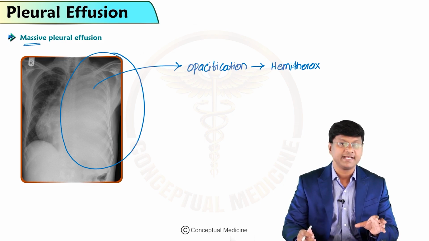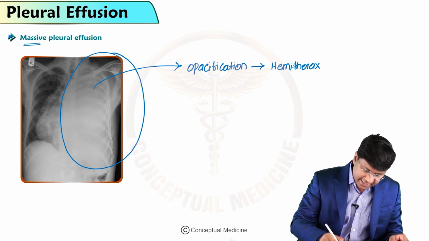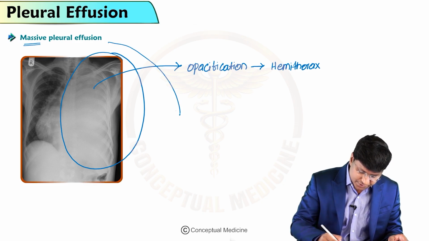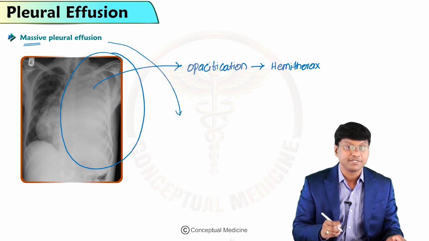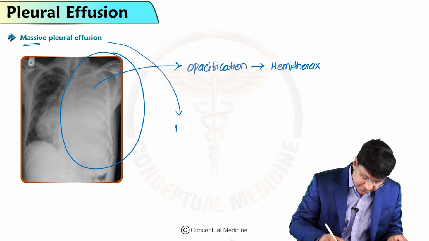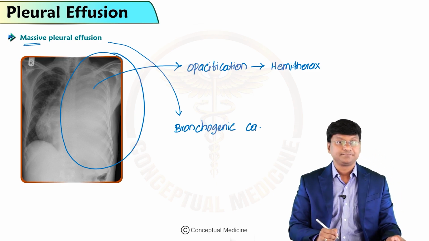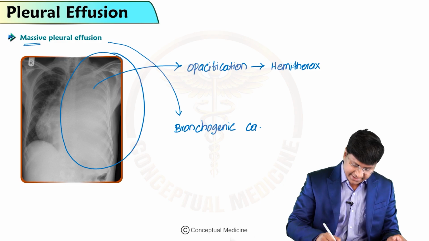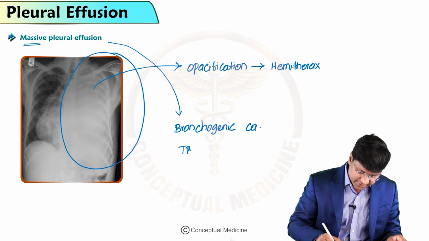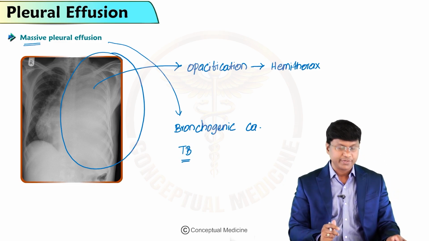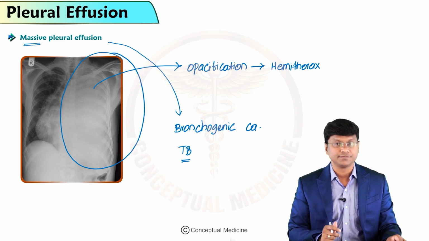Then we use the word massive pleural effusion. And where do you have this? You can have that in patients with bronchogenic carcinoma, or it may be seen even in tuberculosis as well. So these are the conditions where you have massive pleural effusion.